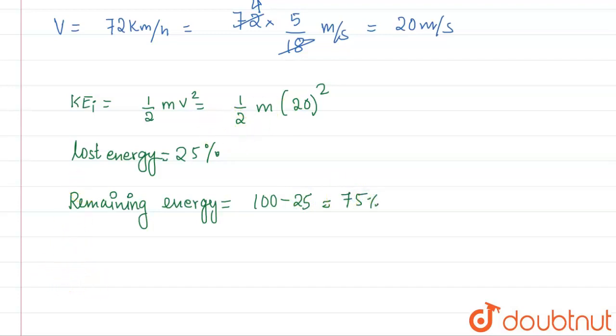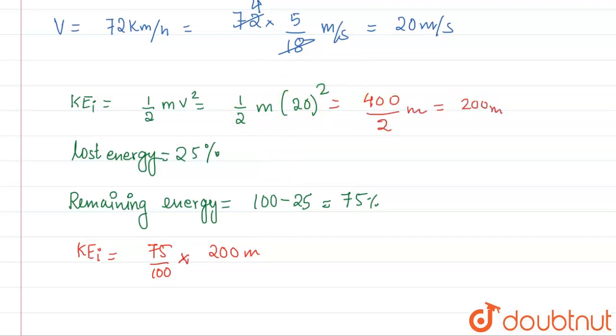Now the initial kinetic energy will be equal to 75 by 100, the fractional value, into 400 divided by 2 into m. So this will become 200 m.